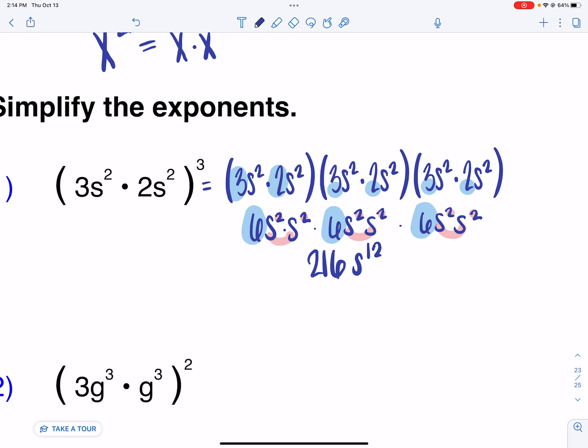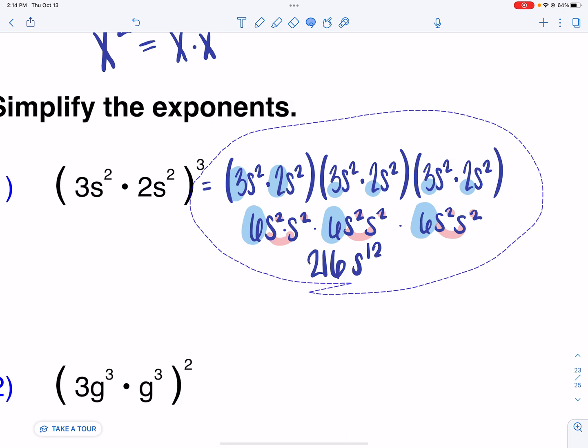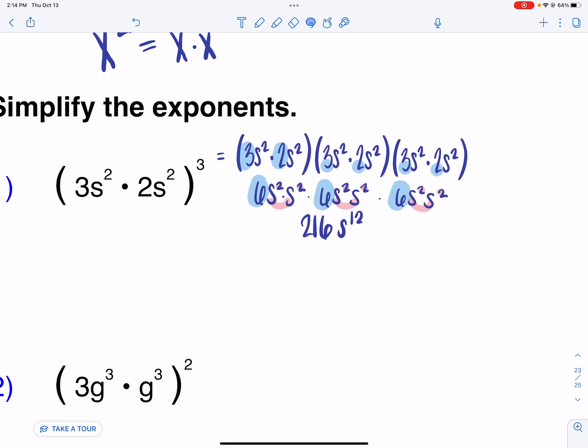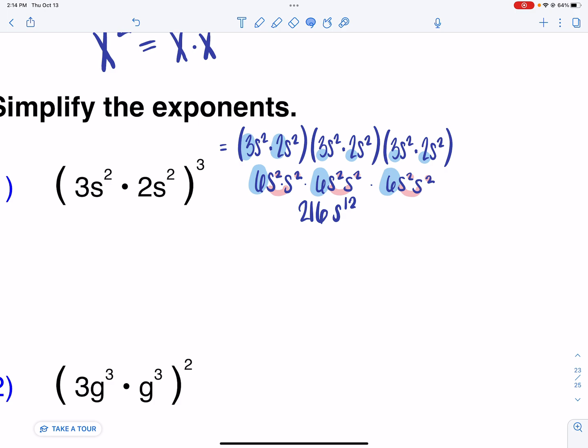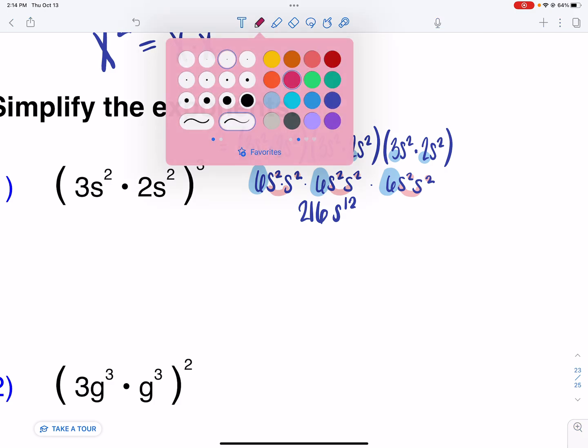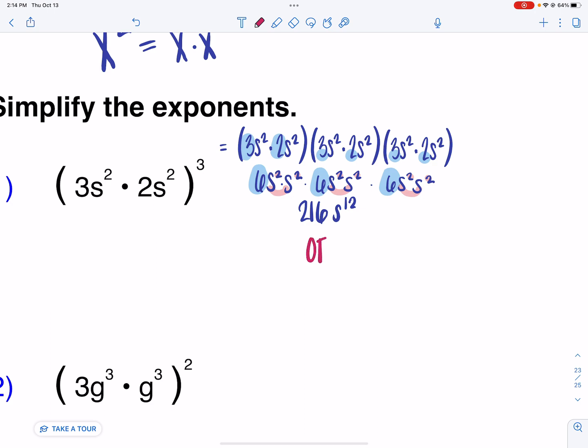So I'm going to shrink this a little bit and move it up out of the way. And we're going to give this a big old OR.